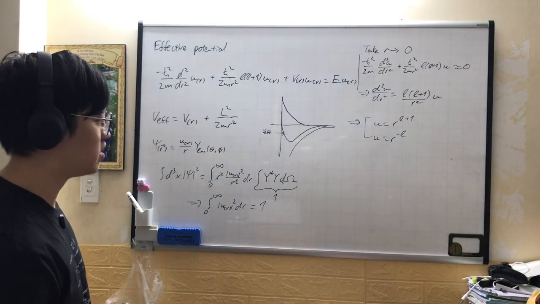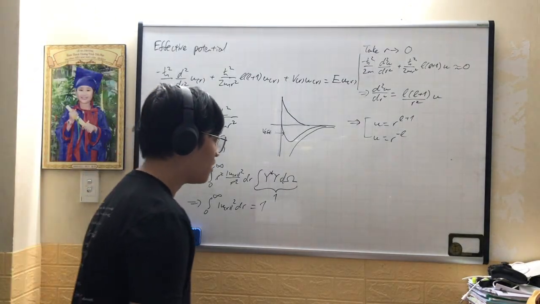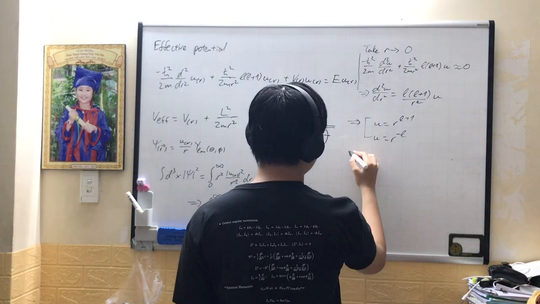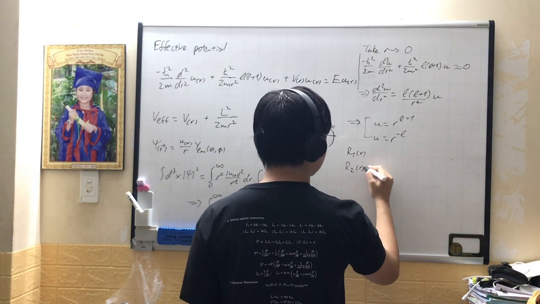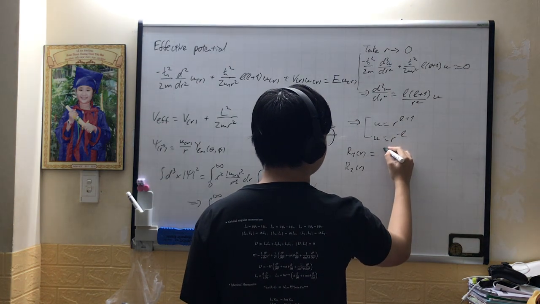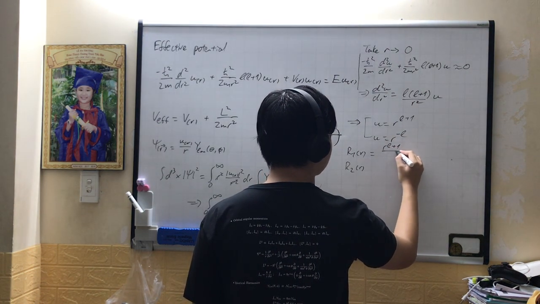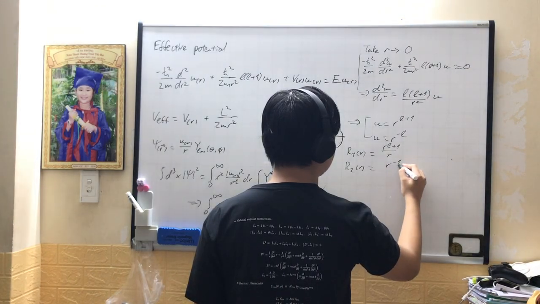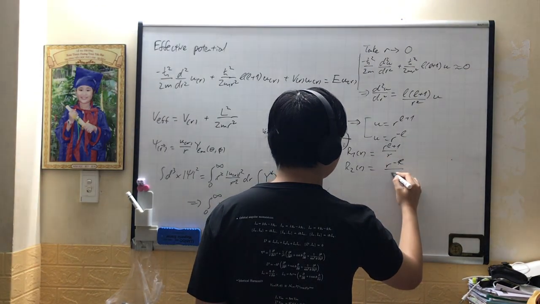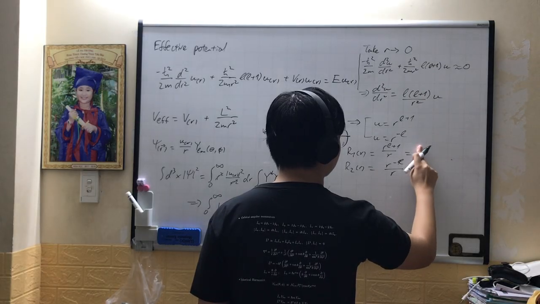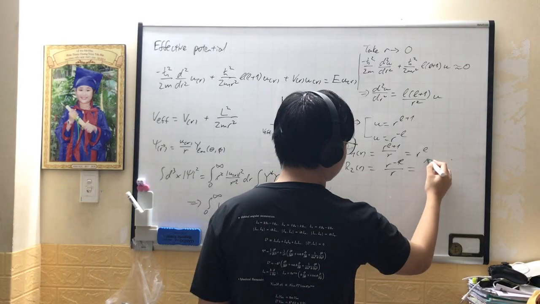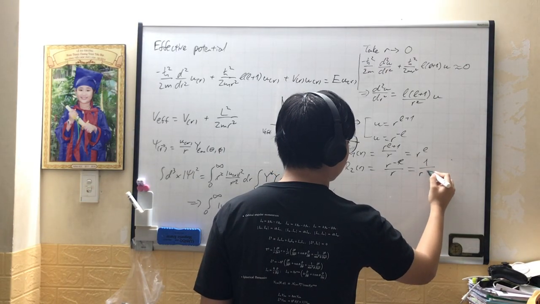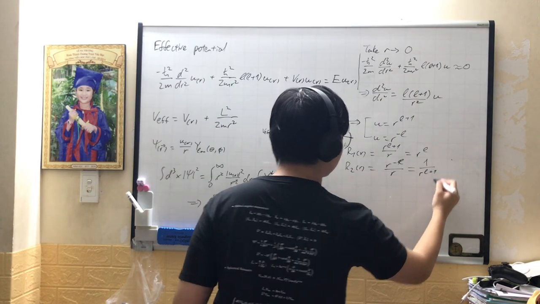Taking R1 of r and R2 of r, R1 is r to the l plus 1 over r, which is r to the l. R2 is r to the minus 1 minus l over r, which is 1 over r to the l plus 1.